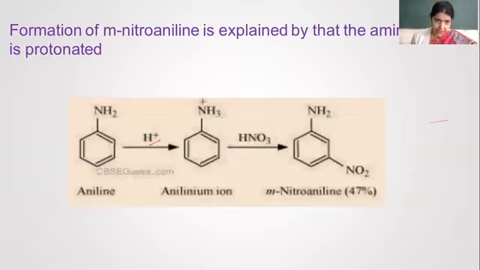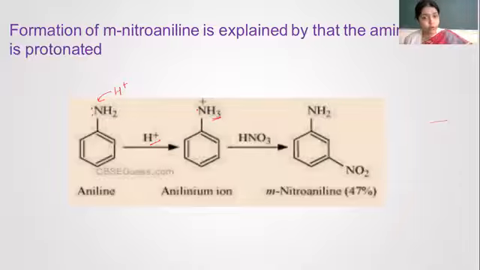Since the reaction is carried out in acid medium, the lone pair of electrons of nitrogen present in the amine group can form a bond with H+ of acid and convert it into anilinium ion.